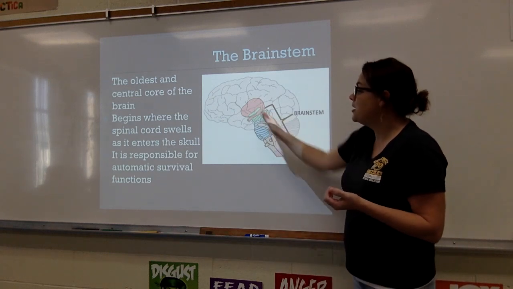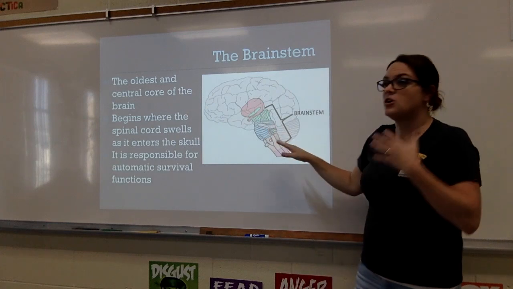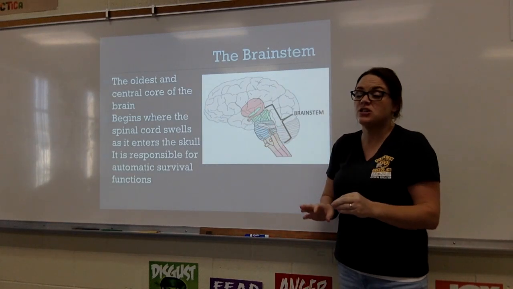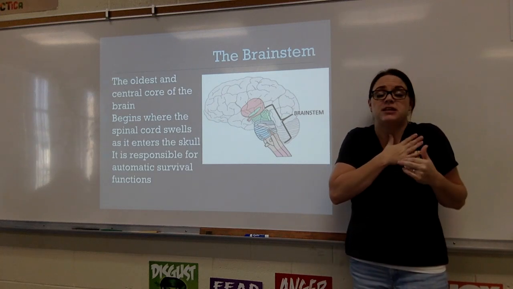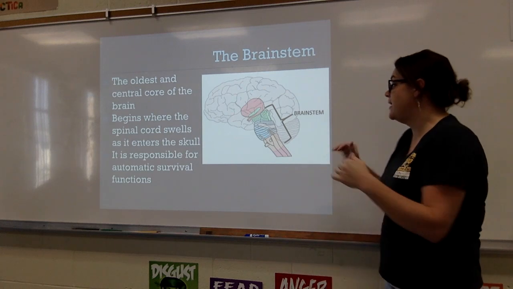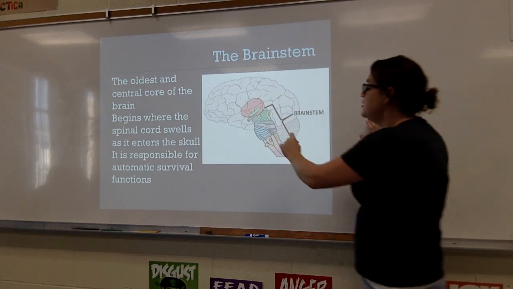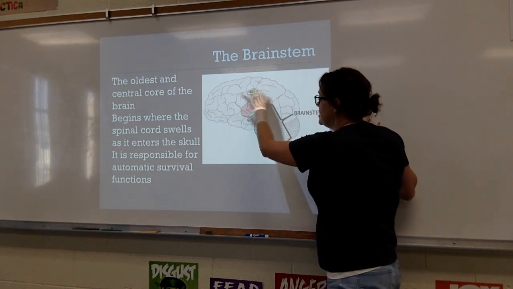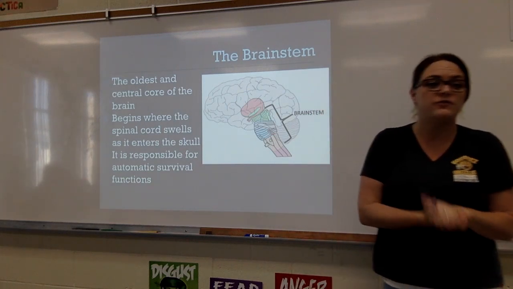So it's this part of the brain that allows us to survive. This keeps our heart rate going. Think about how we would not be able to function if we always had to tell ourselves, keep breathing, keep heart beating. It doesn't work like that. We have the brain stem that does that for us. So we're going to look at the different parts of the brain stem, but this as a whole, its job is for automatic survival functions.